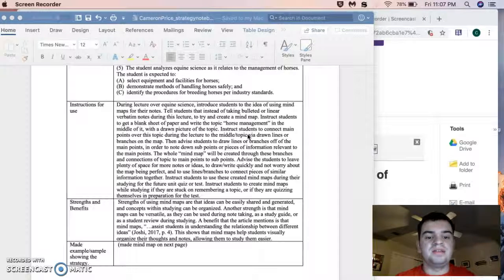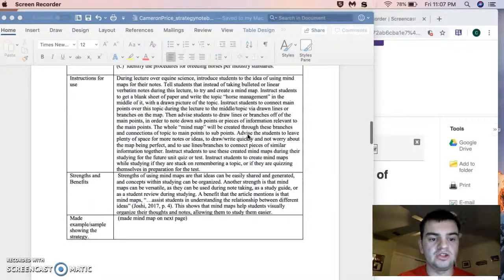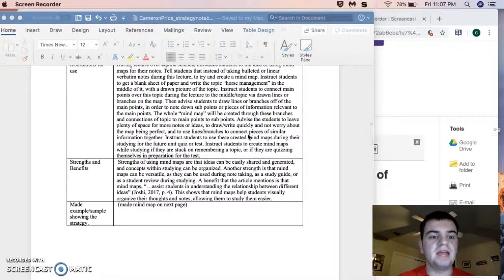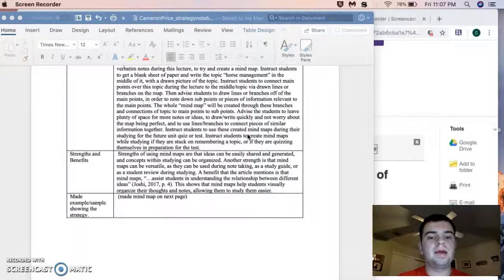And then the subpoints of the main ideas, or the subpoints in the lectures, will be drawn off of the main idea branches into their own little branches. And I'll show the example and make more sense. And then the whole mind map will be created through these branches and connections of the topic. So it connects the topic to the main points to the subpoints through little lines or branches.